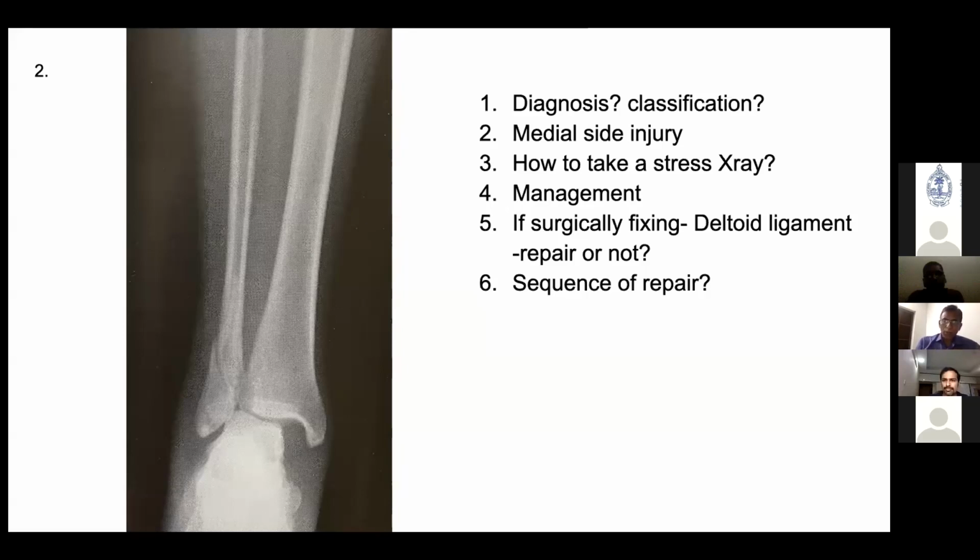If it is a pure supination external rotation, you get a pull off of the lateral malleolus, and then the sequence of events is the talus comes to the posterior malleolus, then comes to the medial malleolus, with an oblique fracture of the medial malleolus. Can you hear me? Am I clear, sir? Yes, sir. I am a little skeptical about the classification. Is it pure supination external rotation, or is there an element of pronation abduction here?